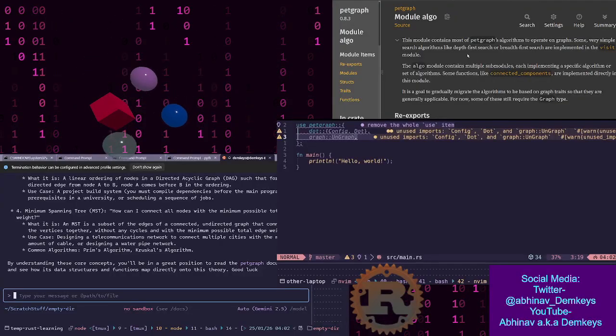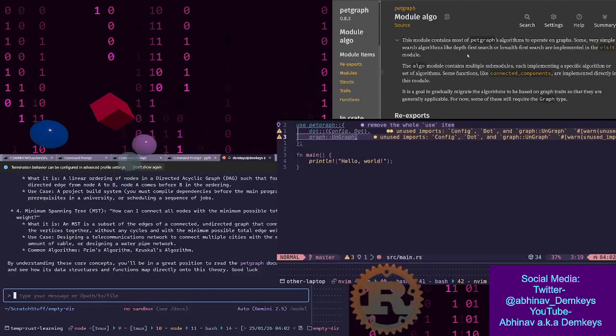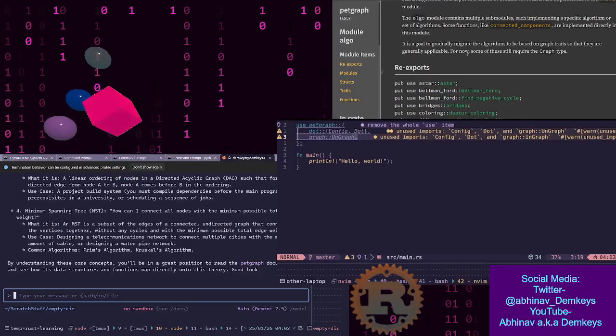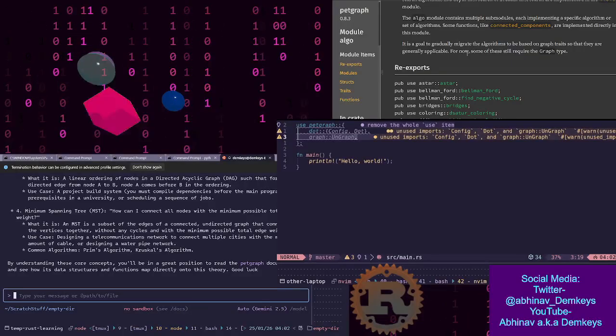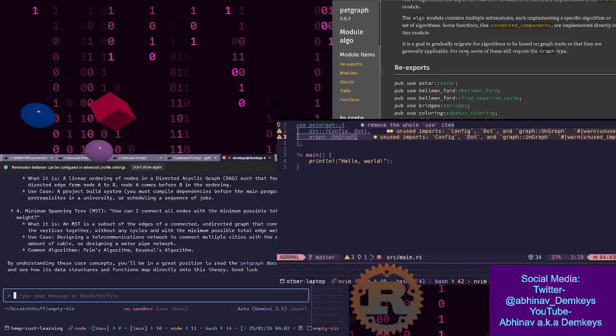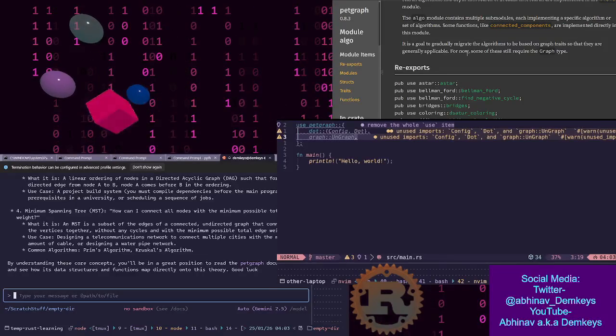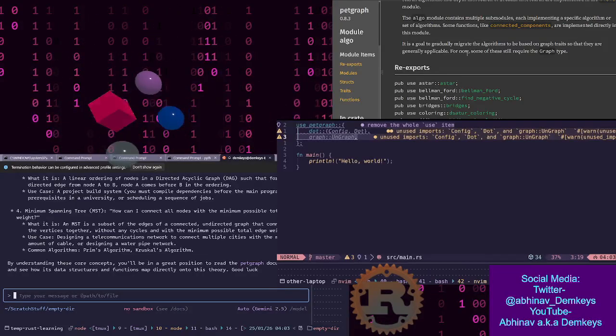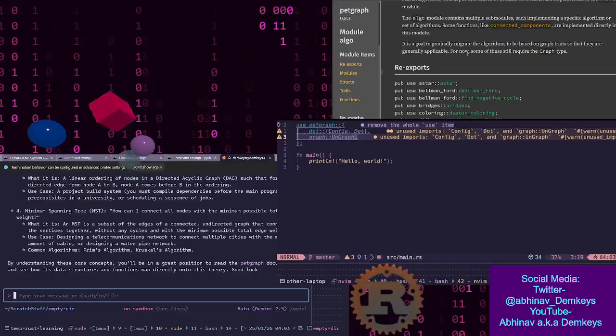The algo module contains multiple submodules, each implementing a specific algorithm or set of algorithms. Some functions, like connected components, are implemented directly in this module. It is a goal to gradually migrate the algorithms to be based on graph traits so that they are generally applicable. For now, some of these still require the graph type.